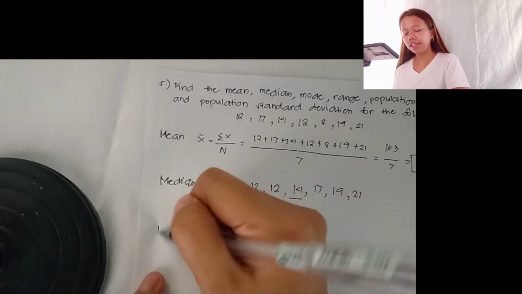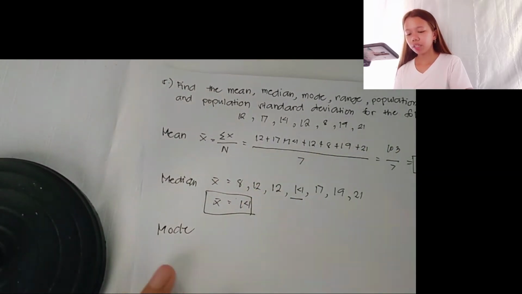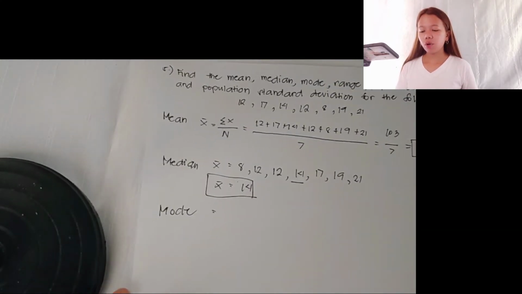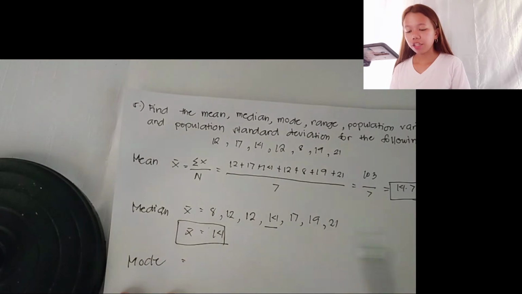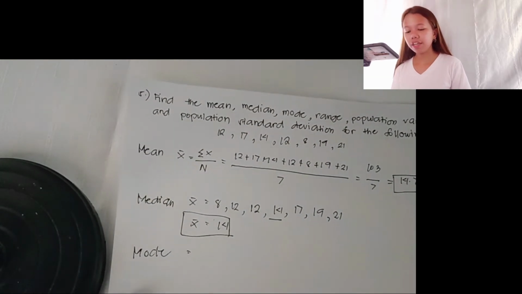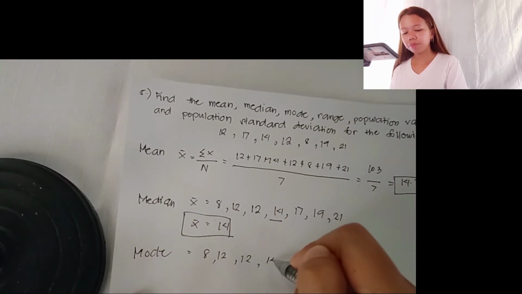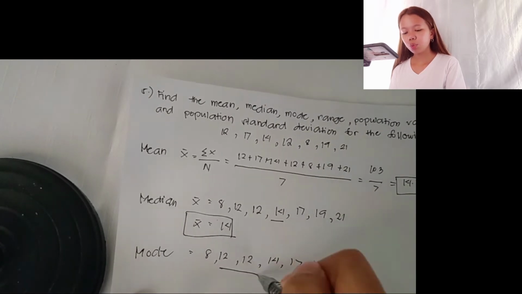So next, let's find the mode. The mode is the data that occurs most often. So as we can see here, the number that occurs most often is 12.